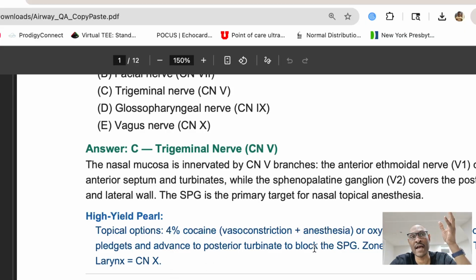So it's going to be 5, 9, and 10. Those are the essential nerves that need to be targeted to successfully do a smooth, look-like-a-pro nasal intubation.